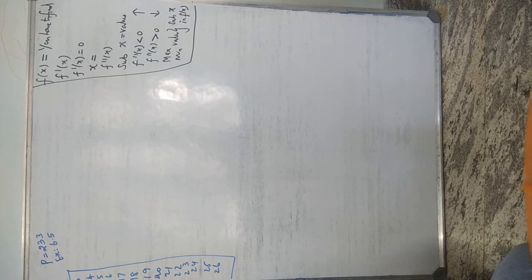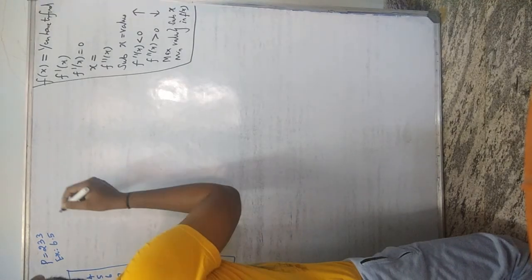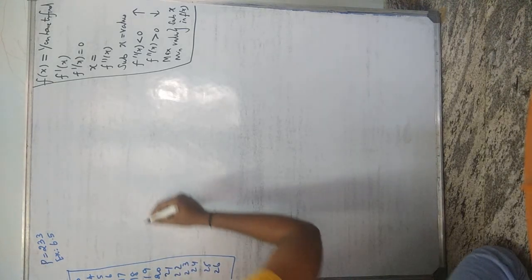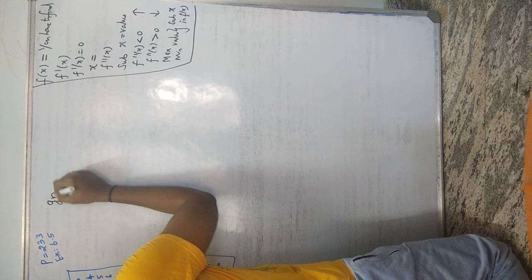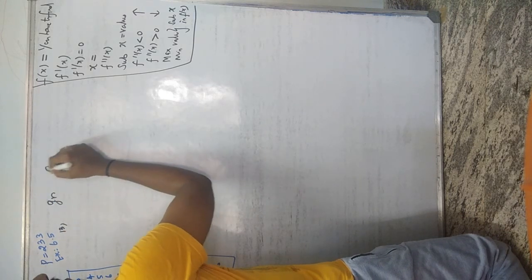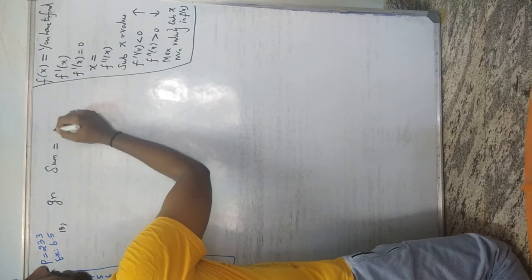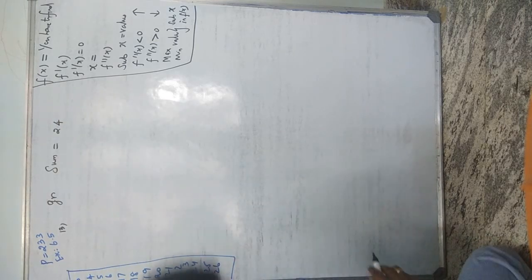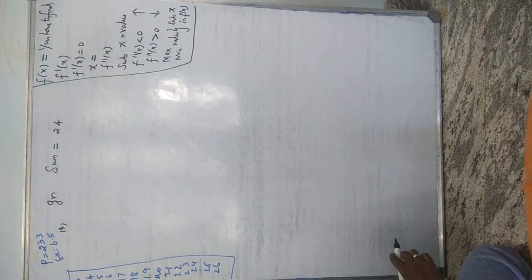Read the question, okay? You have to divide it into three parts. Whatever the question given, read. First, the given part: find two numbers whose sum is 24. So the first one given is sum equal to 24. Next, to prove: product is as large as possible.